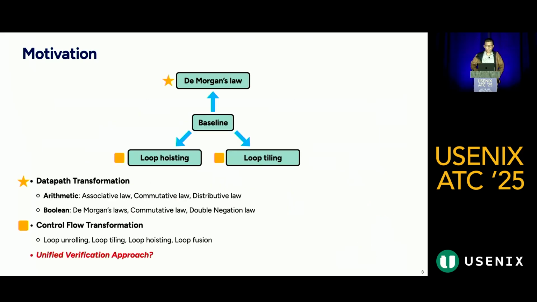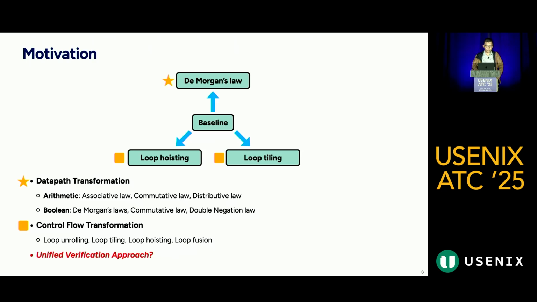Compiler optimization includes datapath and control flow transformation. The datapath transformation includes arithmetic and Boolean rewrites, including arithmetic laws and De Morgan's law. The control flow transformation directly modifies the code structure.